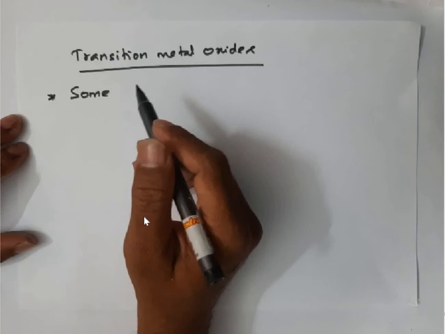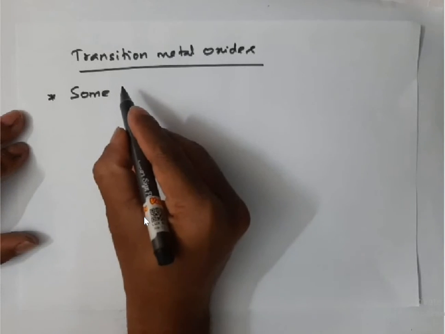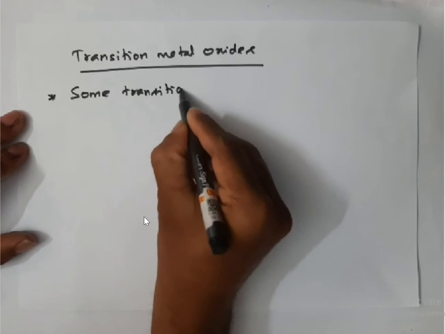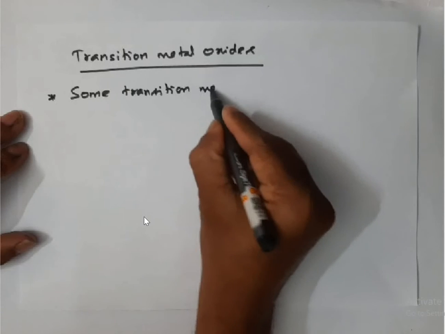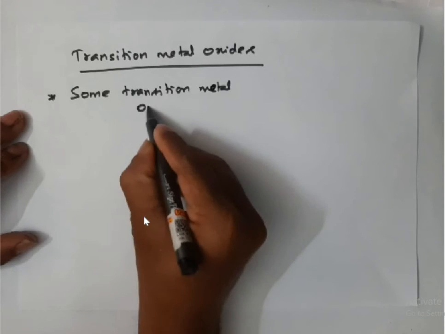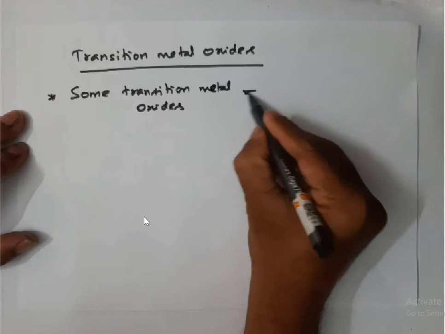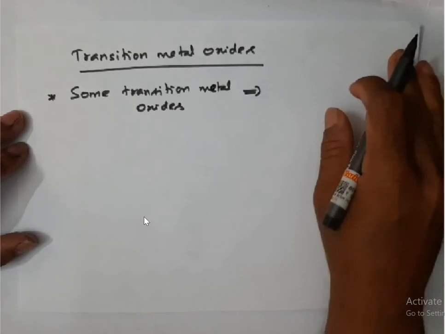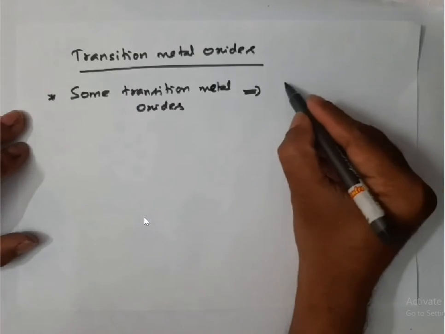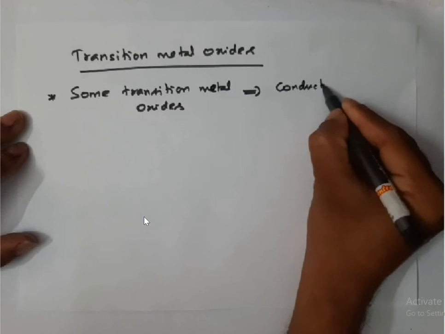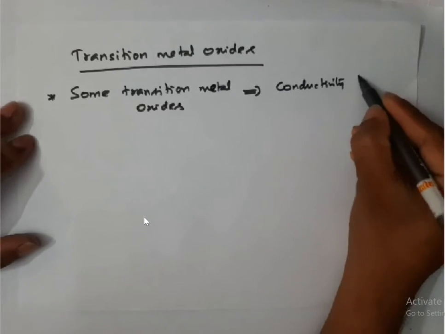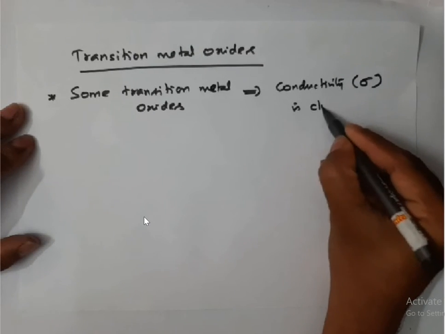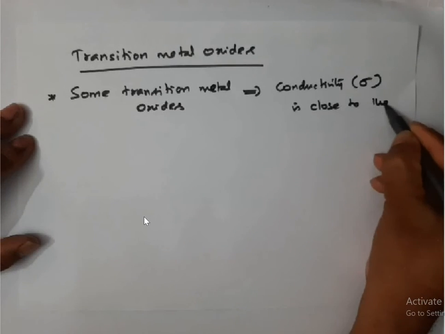Some transition metal oxides, not all, some transition metal oxides have conductivity close to the conductivity of metal. Electrical conductivity, sigma, means electrical conductivity.